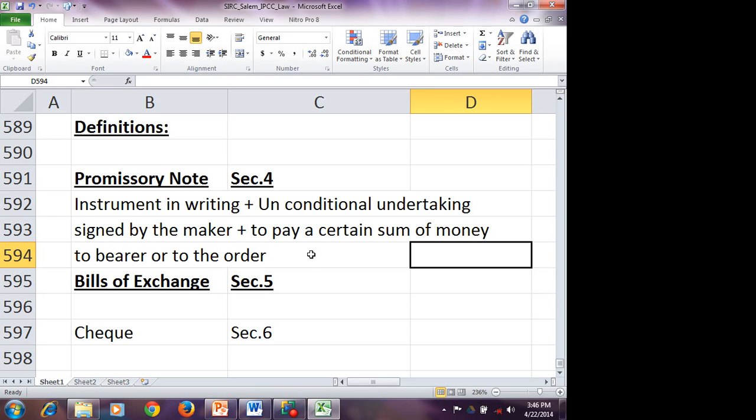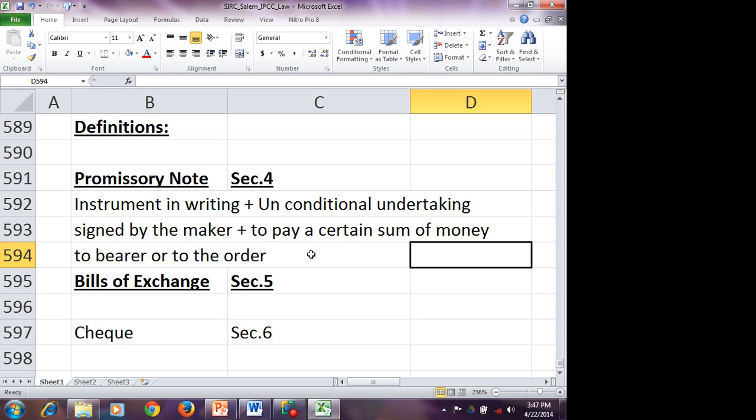To pay a certain sum of money only. Consideration can only be money. I cannot draw an instrument and then say, I will give you 1000 kg of onion which gets cultivated in my land, or, consider, I give you an elephant. It can only be money. Even if it is partly money, partly other than money, it is also not valid. Money only is the consideration.